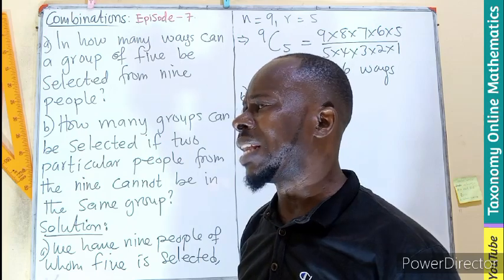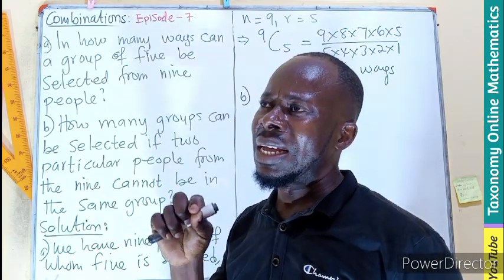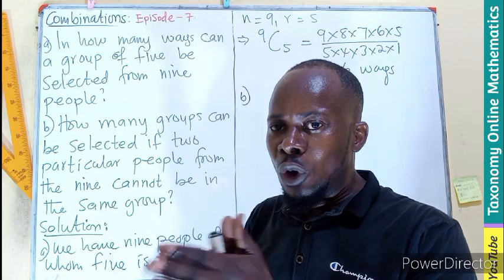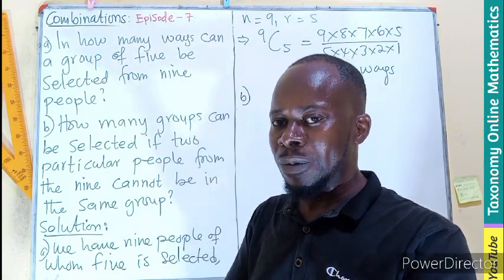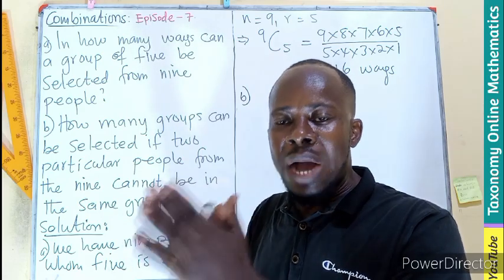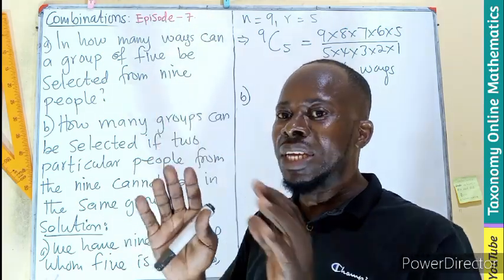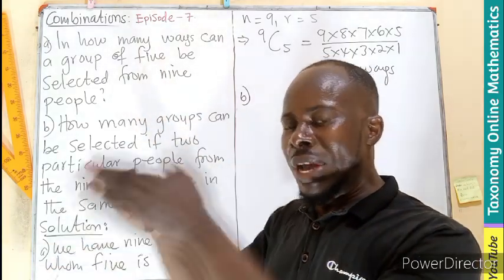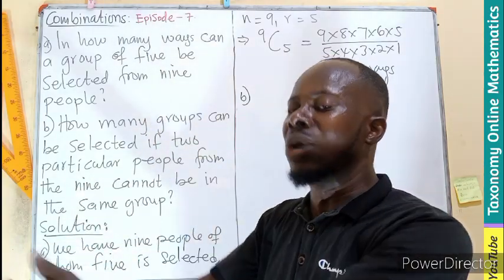We can also take it in a way that the selection of 5 people always includes the 2 people. We want to calculate the combination of selecting 5 people when 2 of them are always included.